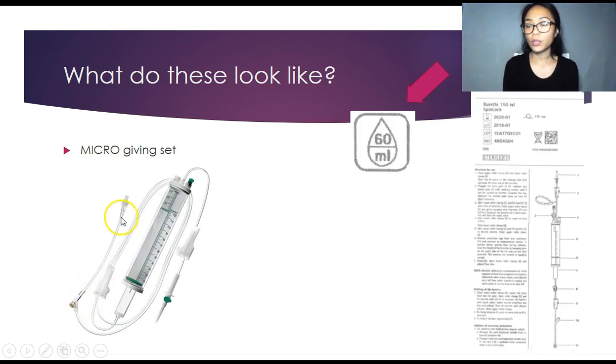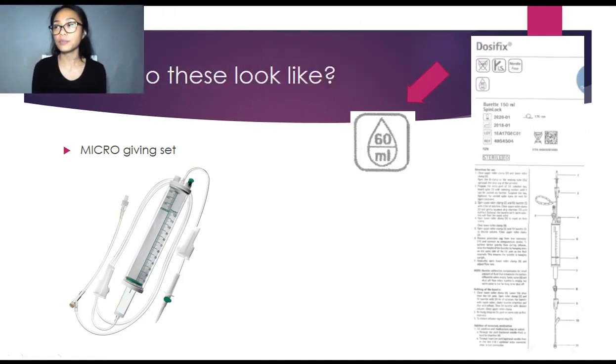If you keep going all the way to the end, that is the patient end, and that will be connected to the patient's cannula, giving access to the veins. There is still a cap or a lid sitting on that end, and again that must only come off just before you're ready to connect it to the patient's cannula in order to maintain sterility of that end. Now this is the packet that you'll see for a micro giving set.